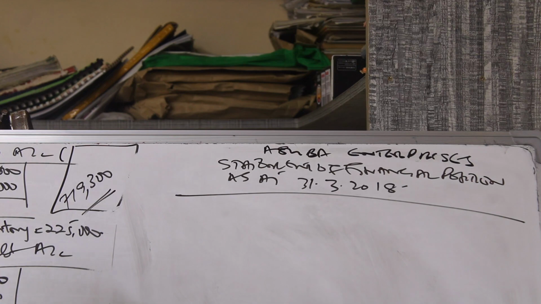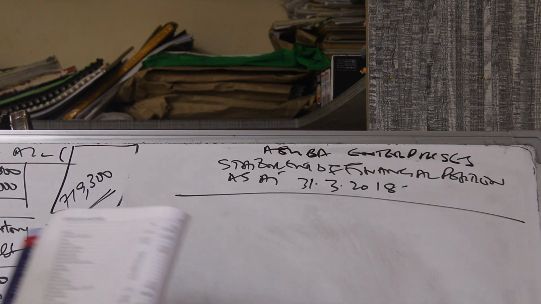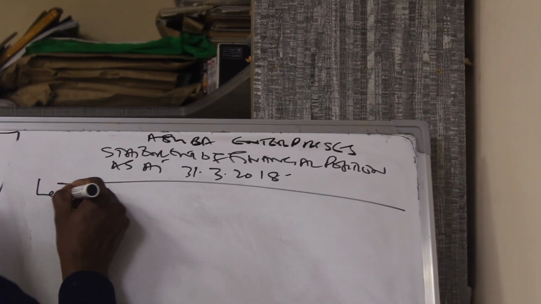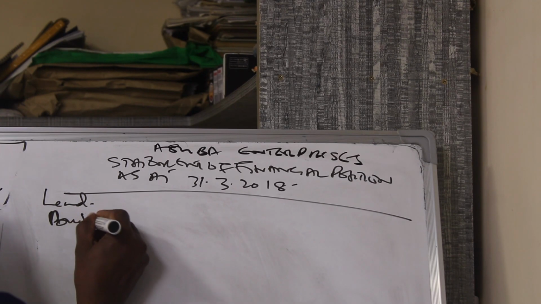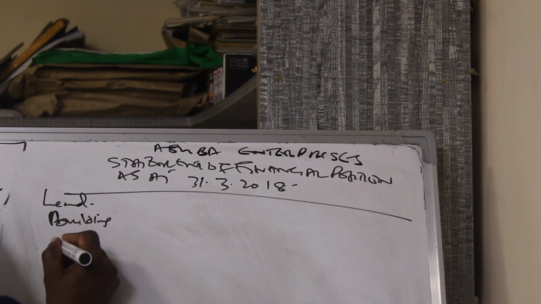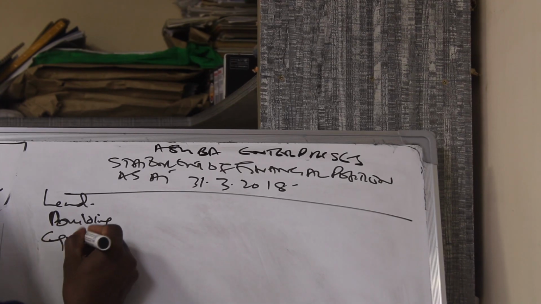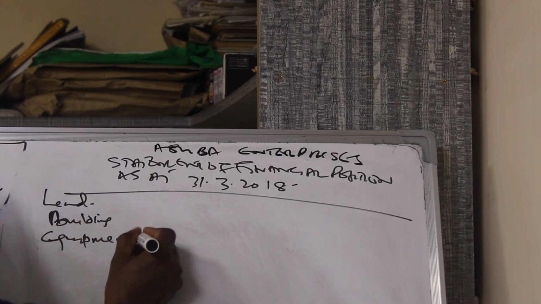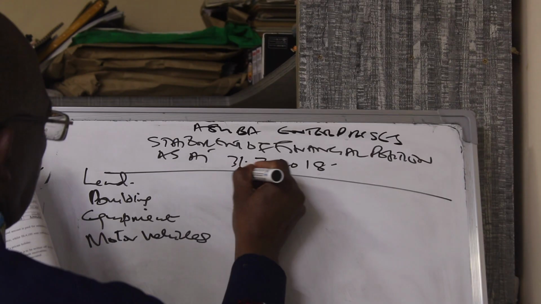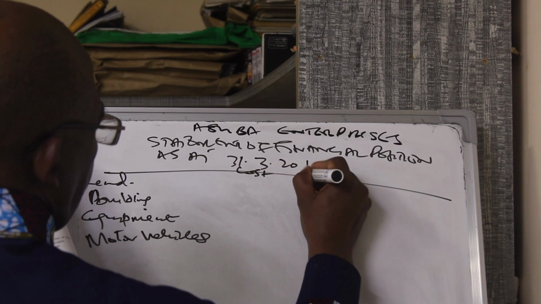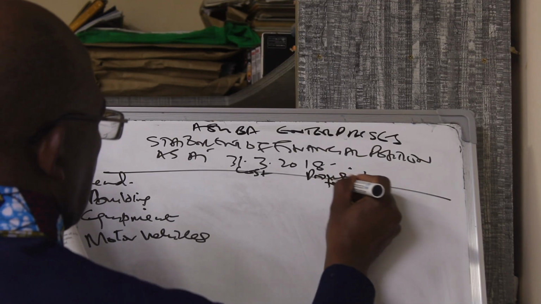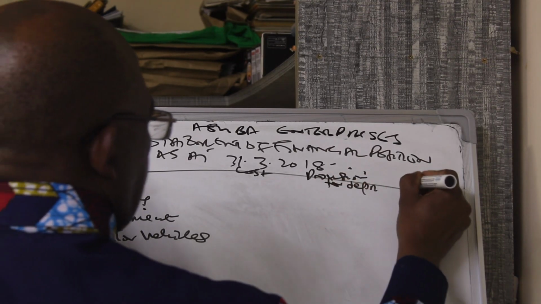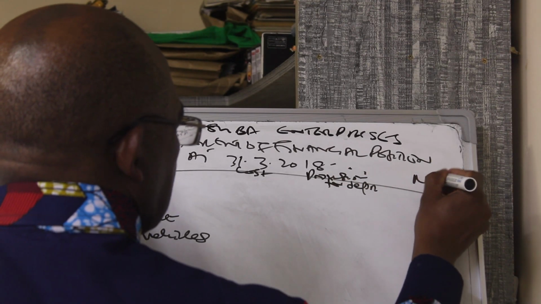And we know our assets. We have land, we have building, we have equipment, and we have more. And we start with the cost, provision for depreciation, and we have net book value.